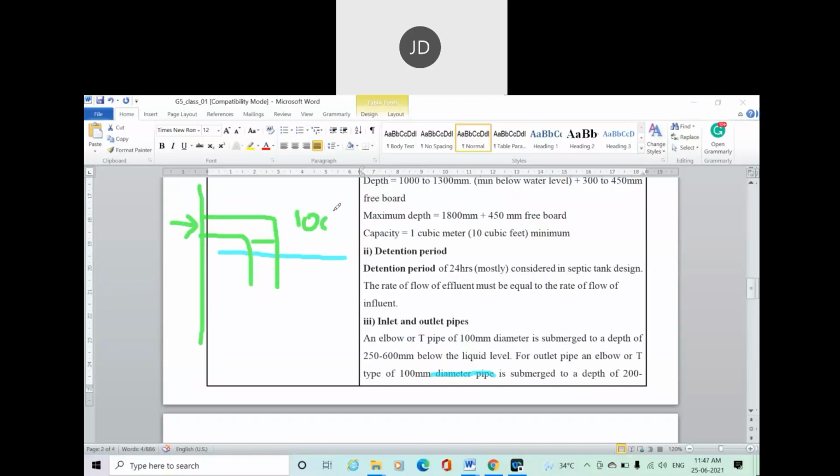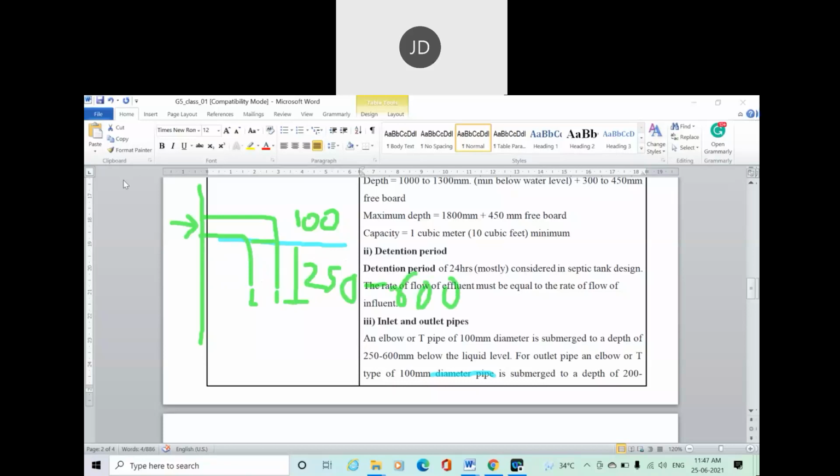A minimum 100 millimeter diameter, and it is submerged to a depth of 250 to 600. I'm talking about this depth. Suppose the pipe is penetrated up to this level, so this depth is around 250 to 600 millimeter below the water level, like that.